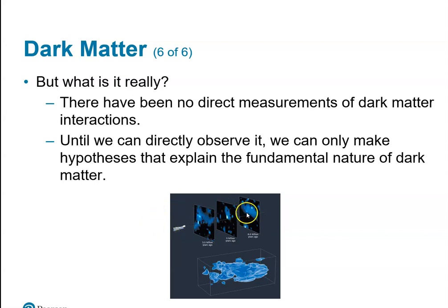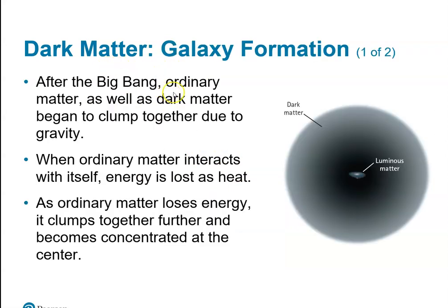Well, the dark matter will bend the light as well as the ordinary matter, right? And in fact, we find that there's a lot more dark matter than there is ordinary matter. Oh, there's a better picture of it. So after the Big Bang, ordinary matter as well as dark matter began to clump together, and that's where the galaxies are forming.